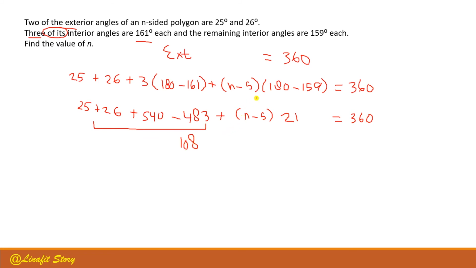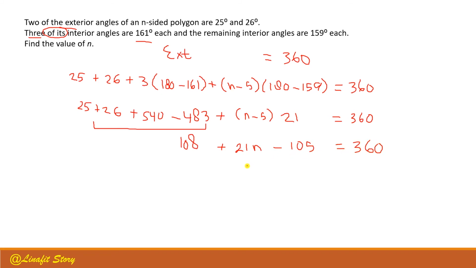And then n times 21 is 21n. And then negative 5 times 21 is equal to negative 105, is equal to 360.